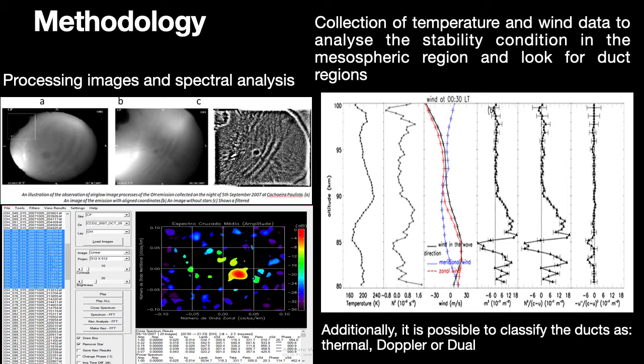On the left we can see the pre-processing of the images, where we start by correcting the geographic position, the geographic coordinates of the images, and applying bandpass filters.